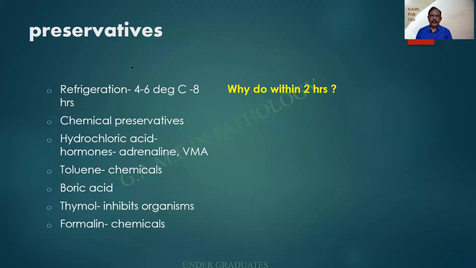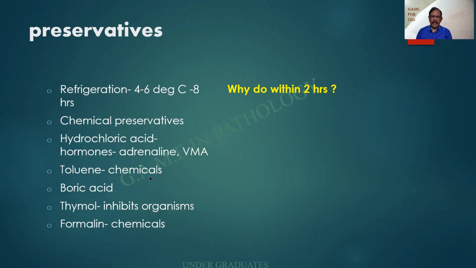The preservatives for urine. First and foremost is refrigeration. If the sample is going to be kept up to 8 hours. Beyond 8 hours, even refrigeration is not recommended. Normally, it is advisable to do the urine test within the first 1 hour. Refrigeration is at 4 to 6 degrees. Chemical preservatives are hydrochloric acid for hormones such as adrenaline and vanillylmandelic acid.